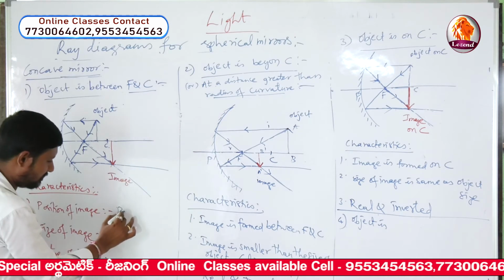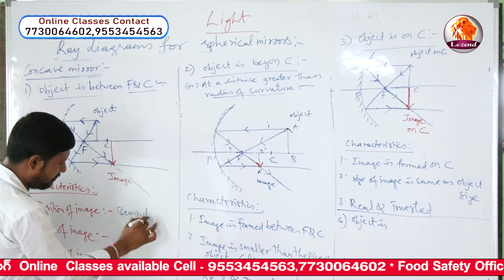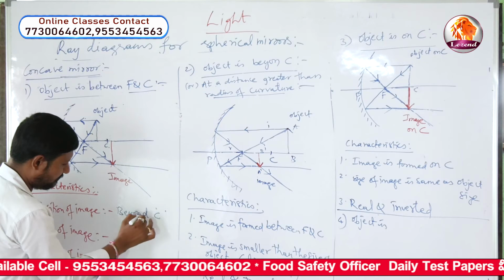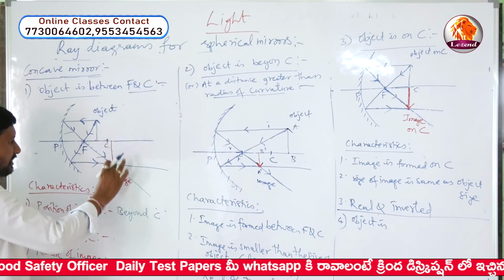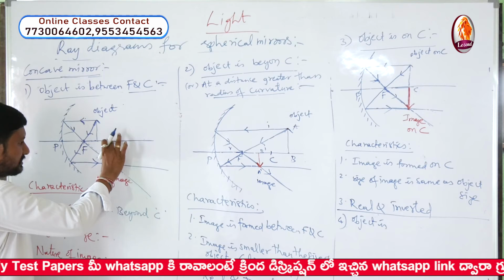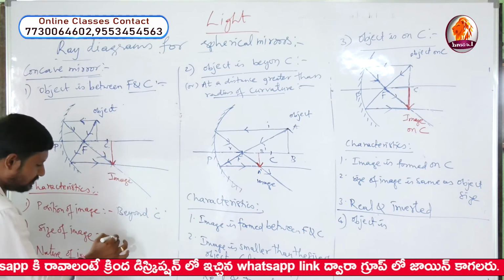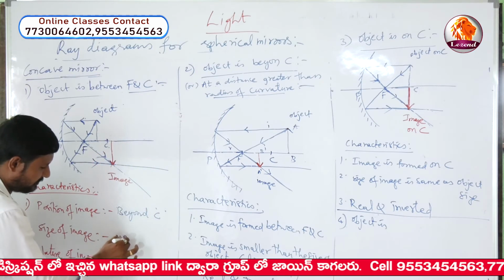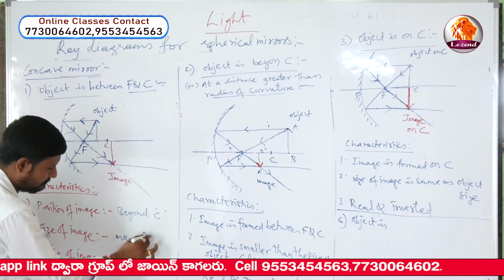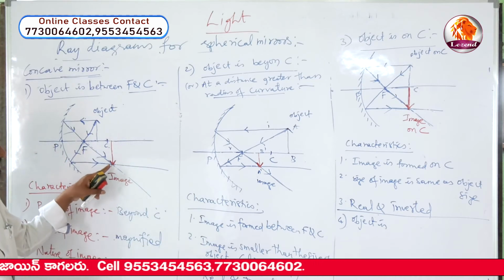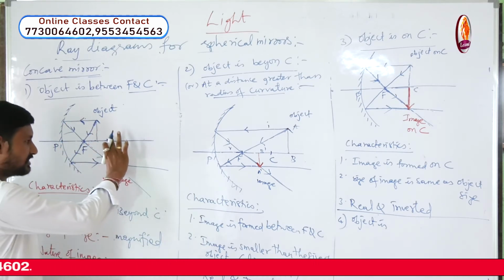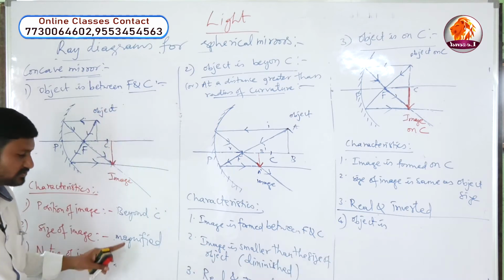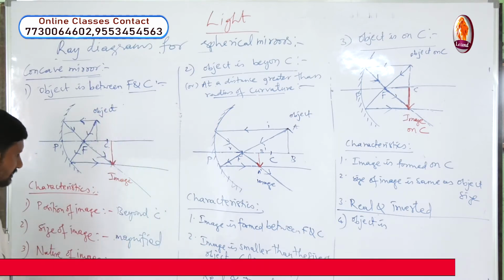So image is formed beyond the center of curvature. Next, its size: if you compare it with the object, it is somewhat larger. So it is magnified, we can say. Means size of the image is slightly greater than the size of the object. If the size of the image is larger than the size of the object, we say it is magnified. And next, nature.